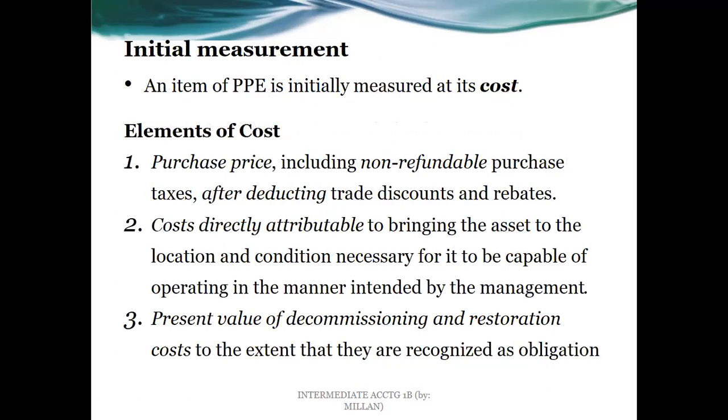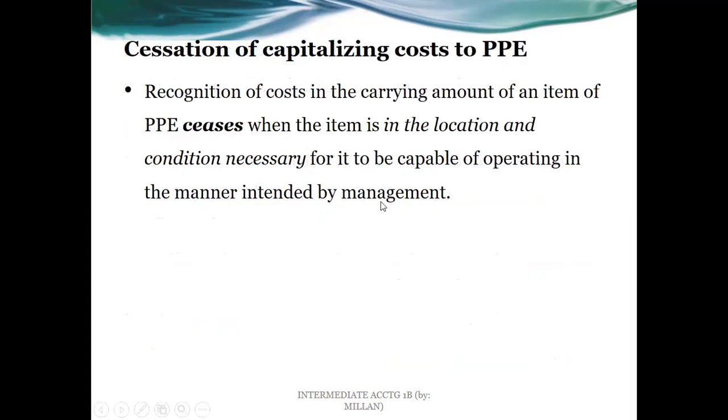Then after this is cessation of capitalizing cost to PPE. When do we stop capitalizing the cost? If we recognize based on the two items under our asset recognition principle, then we are going to cease recognizing costs in the carrying amount of an item of PPE when the item is in the location and condition necessary for it to be capable of operating in the manner intended by management.